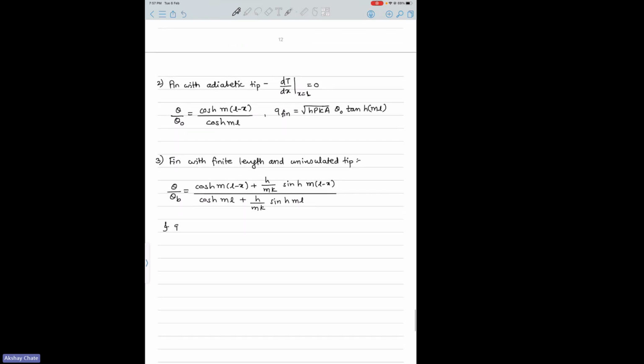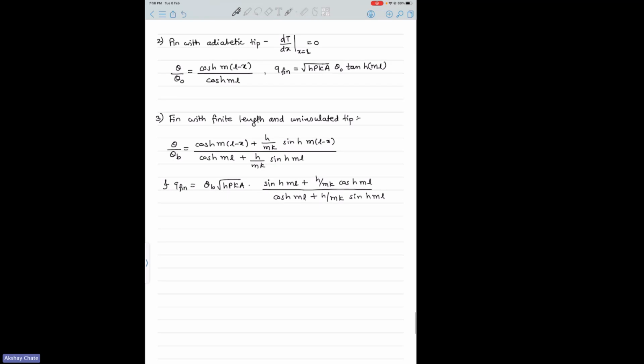And Q, heat transfer through the fin, is theta b root hpkA into sinh mL plus h by mk cosh mL divided by cosh mL plus h by mk sinh mL.